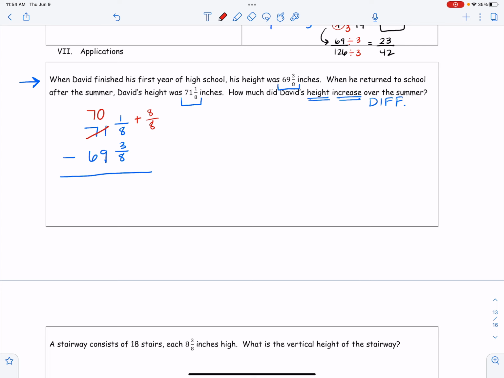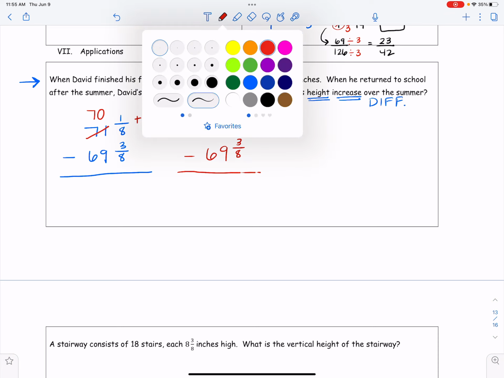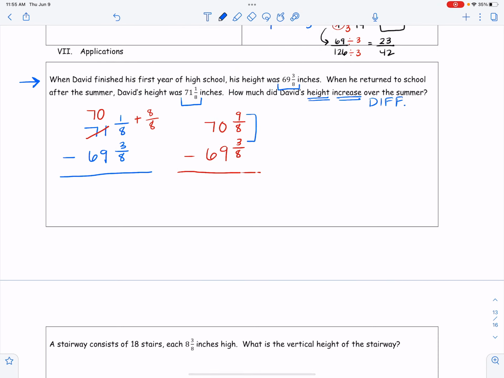All right, so that means what I'm actually looking at here is 70 9/8, right, because I borrowed 1, minus 69 3/8. And so now notice you can subtract those numerators without a problem, because 9 minus 3 would be a positive 6. Denominator is 8.